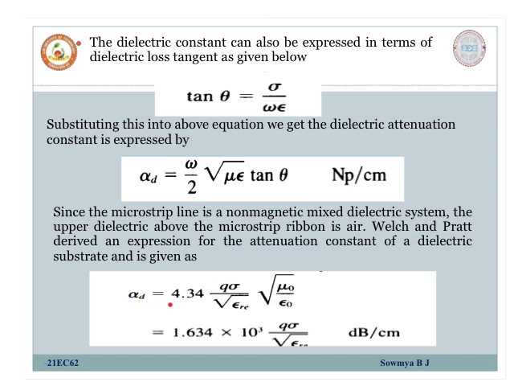alpha d equal to 4.34 q rho divided by square root of epsilon r e into square root of mu naught by epsilon naught.